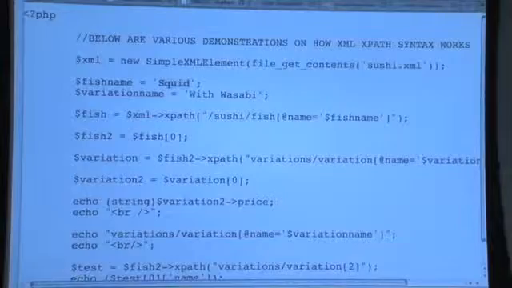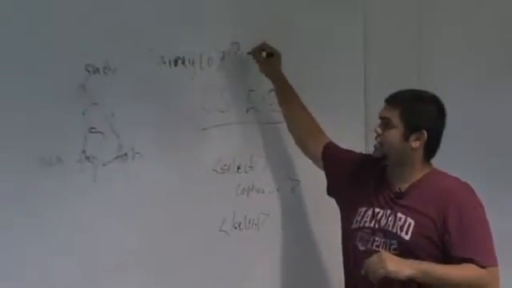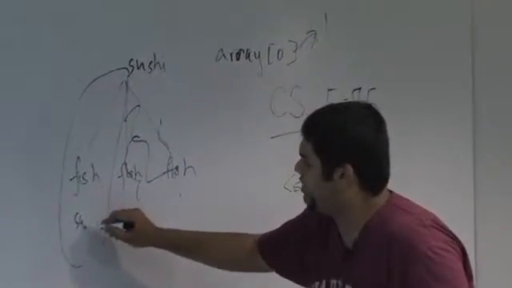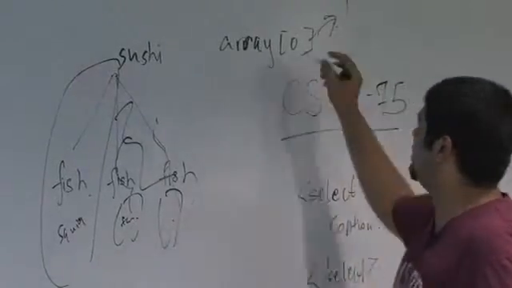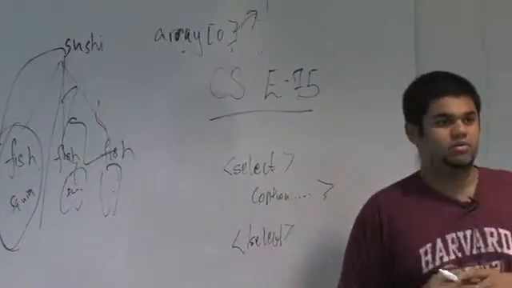Keep in mind that what is stored in the array is not just string names. It's not just the name of whatever element you're at. It in fact is another simple XML object itself. So this contains a simple XML object that is this fish. Here we have squid and tuna and whatnot. When we queried for it with XPath, this entire object was stored under array index 0, right?